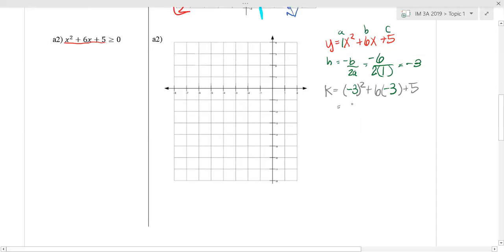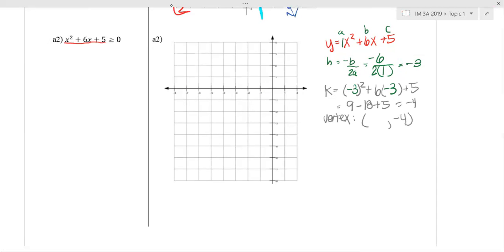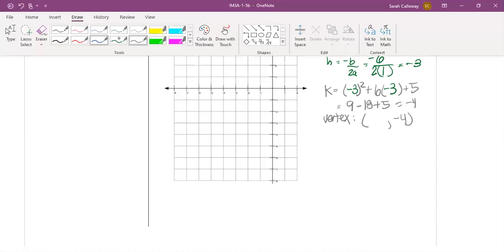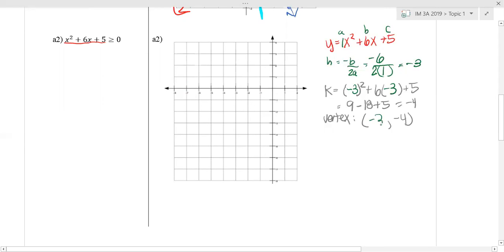So negative 3 squared is 9, plus 6 times negative 3 is negative 18, plus 5. So these two are going to give us negative 9 plus 5 is negative 4. So this tells us that the vertex is negative 3, negative 4. And so that's going to be the first point that we plot for this graph. So negative 3, negative 4.